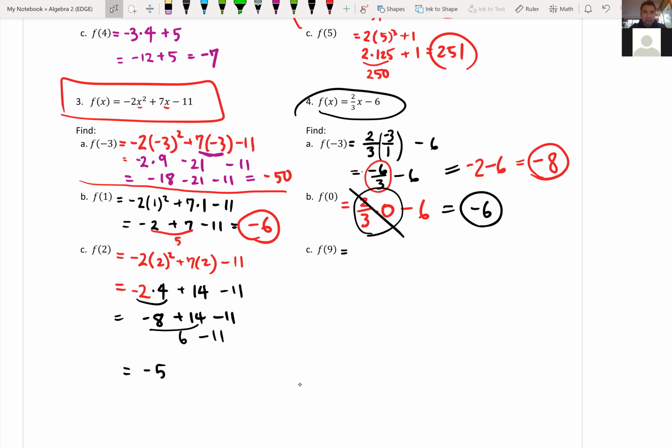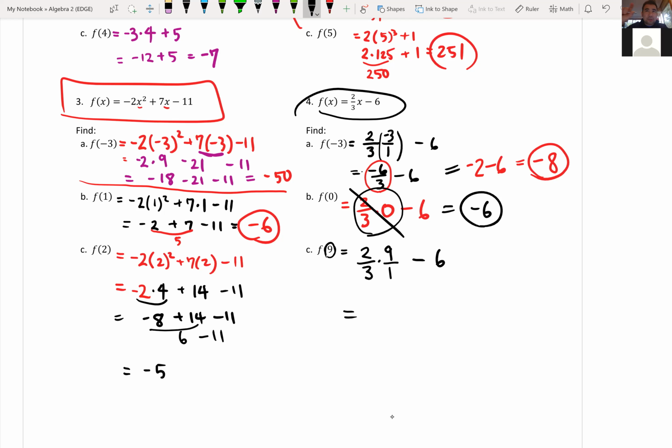Okay, let's try. So it's going to be 2 over 3 times x, but x is now going to be 9, right? And I'm going to write 9 as 9 over 1. And then minus 6. Now, how do you multiply two fractions again?